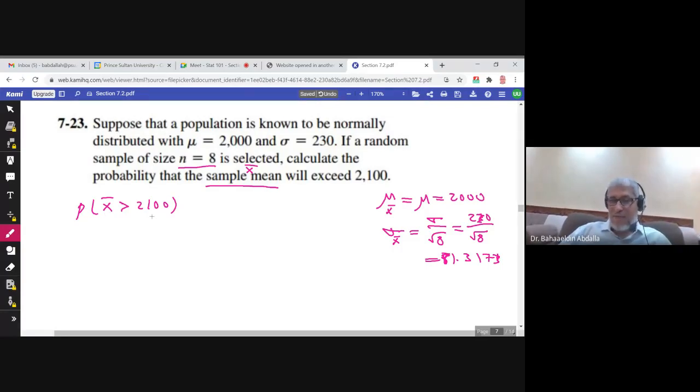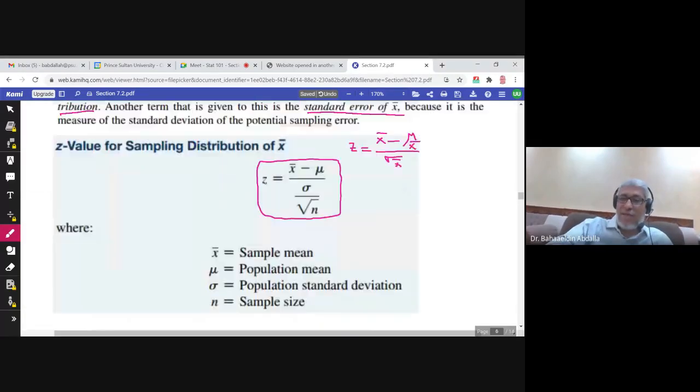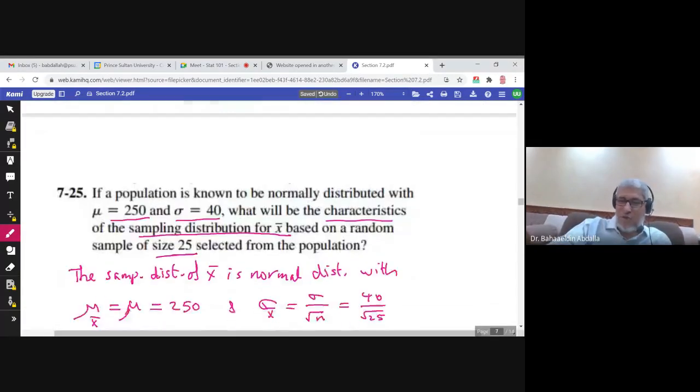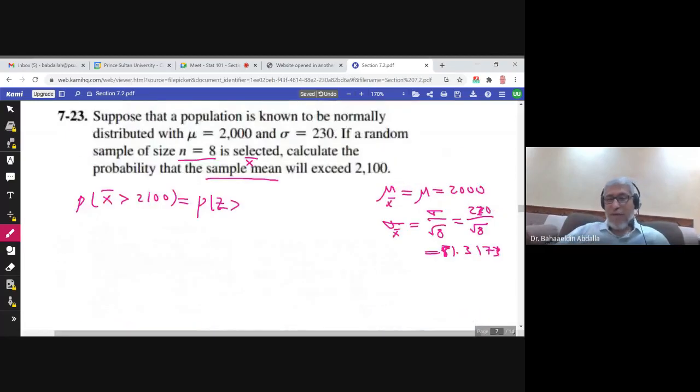How to find this probability? Since the distribution of X bar is normal, we just change this to Z. So it would be the probability that Z is greater than... Now, how do we change X bar to Z? We use X bar minus mu over sigma over square root of n. So it would be 2100 minus 2000 over sigma X bar, which is 81.3173.